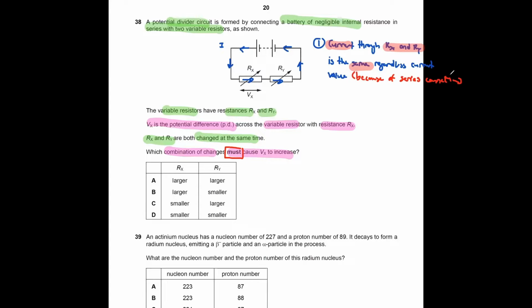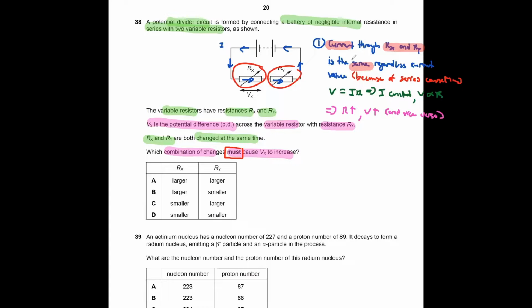Okay, so if you apply V equals IR for these two resistors, you can say this. V is equal to IR. If I say that I is constant through both of the resistances, that means V is proportional to R. And then from there, I can deduce one thing. If your R increases, your PD would increase, and vice versa.